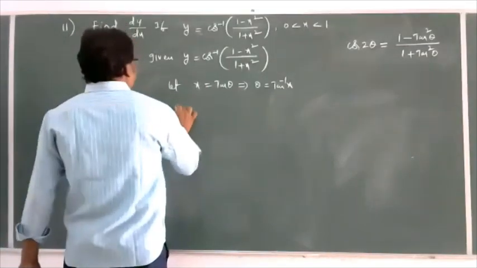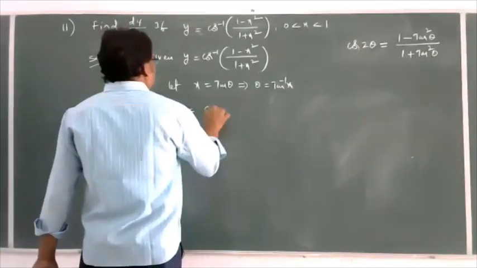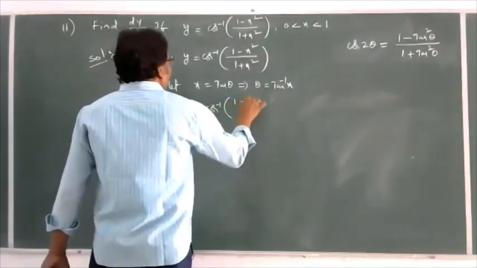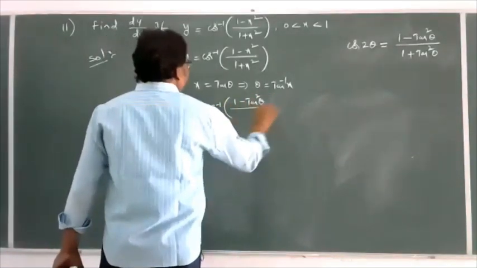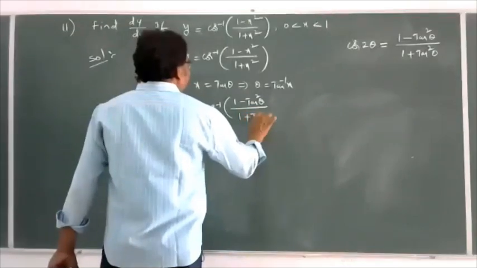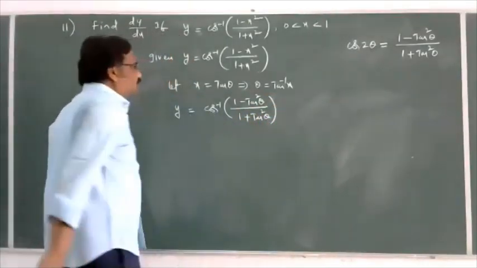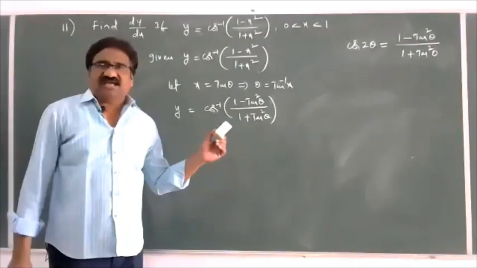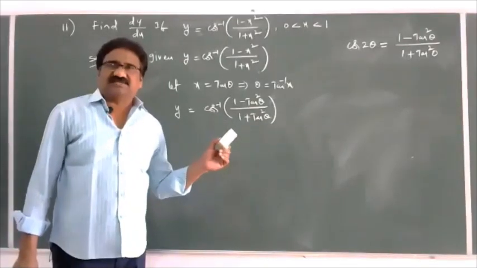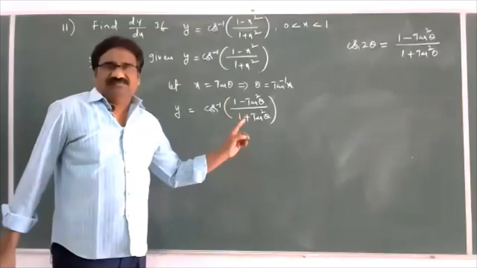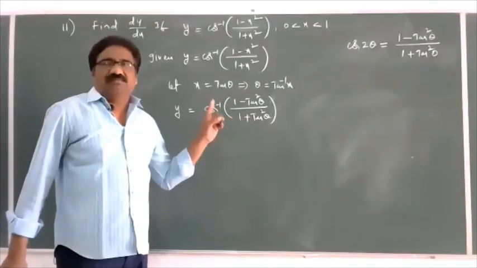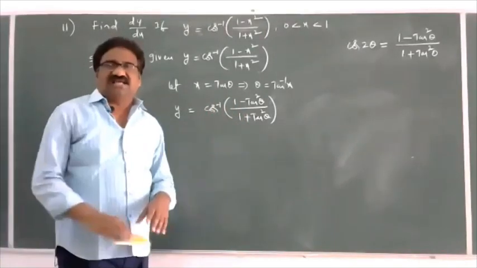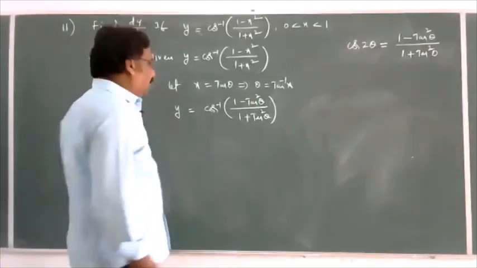So substituting here, y is equal to cos inverse of 1 minus tan square theta by 1 plus tan square theta. From the half angle formulas, 1 minus tan square theta by 1 plus tan square theta is cos 2 theta.